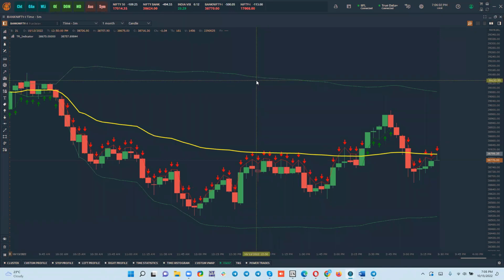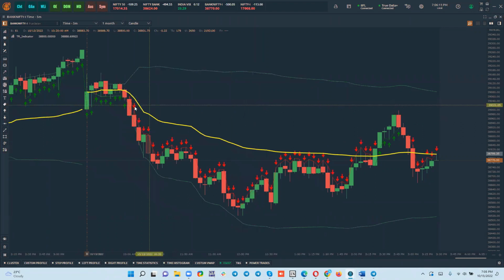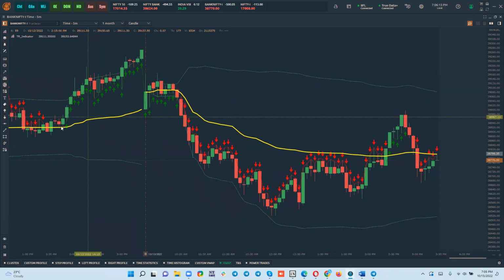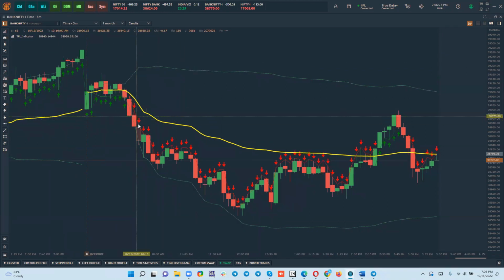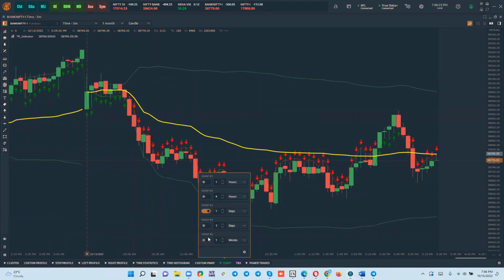So how do we take a position using this particular indicator? Let's assume that the market gave a sell signal today. This is the first signal, which came after a buy signal that was continuing from yesterday's session. You can see I will remove the VWAP for the time being.